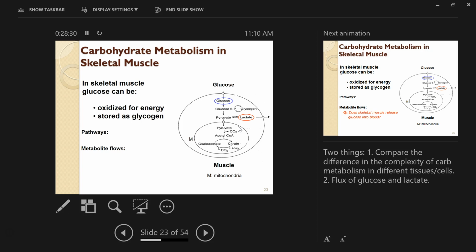So the muscle cell takes up glucose from the circulation and does not release glucose. And lactate, muscle actually releases a lot of lactate to the circulation to be used by the liver for gluconeogenesis, right? So in the skeletal muscle, lactate usually goes out. And muscle can also synthesize glycogen from glucose, right?